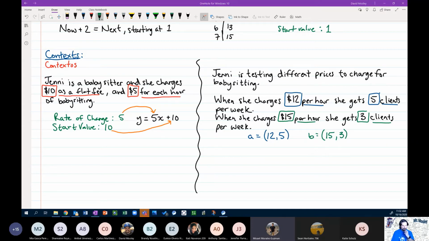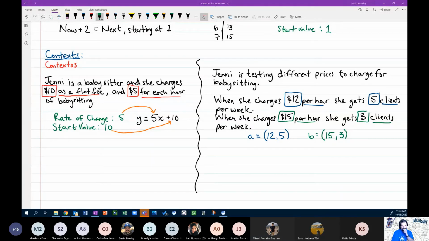Y la segunda coordenada es B igual a 15,3. En estos casos, los valores de X, que vemos que están en el primer lugar, son 12 y 15. Y los valores de Y están en la segunda posición, en el segundo lugar, son 5 y 3. El valor de X, la decisión de aumentar el precio por hora, el valor de X, afecta al número de clientes. Entonces el valor de X afecta a la Y, al valor de Y.